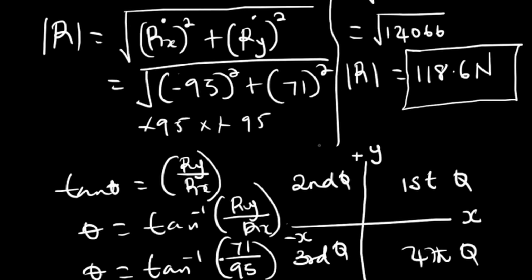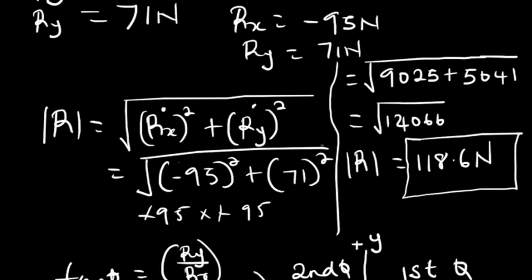So you have to pay attention to the signs that accompany the values of the x and y. Here, our x component of the resultant vector has this very value, and it's a negative 95. This means that this angle is going to fall somewhere along the negative x-axis. And then the y is a positive value.